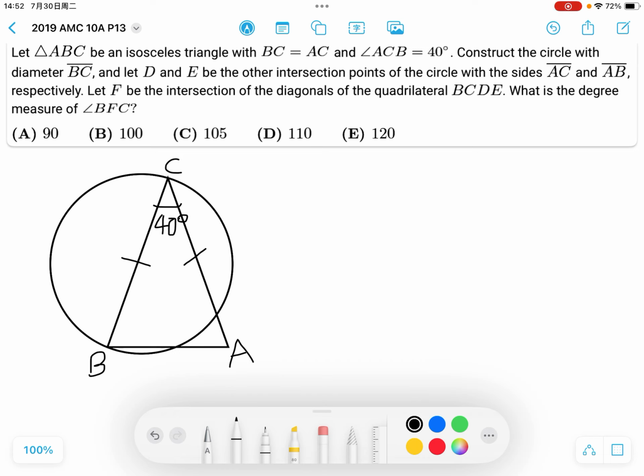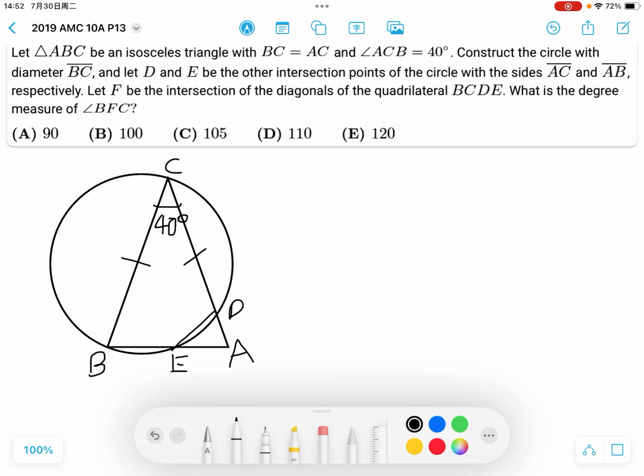It also says here that let D and E be the other intersection points of the circle with the sides AC and AB. So this point here is going to be D. This point here is going to be E. So where's F? It says let F be the intersection of the diagonals of the quadrilateral BCDE.